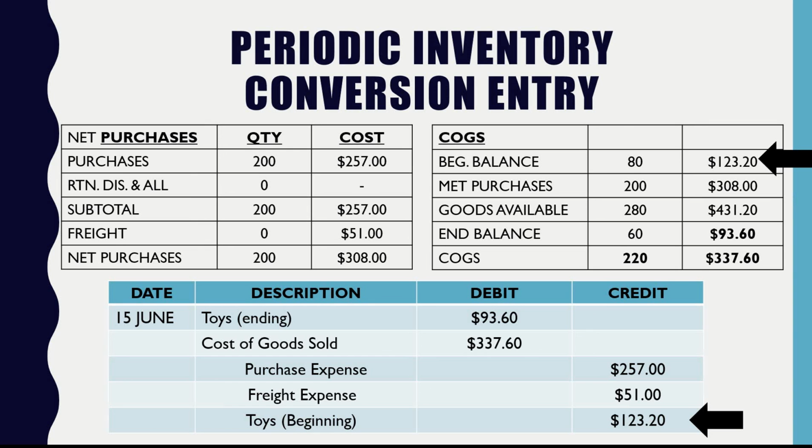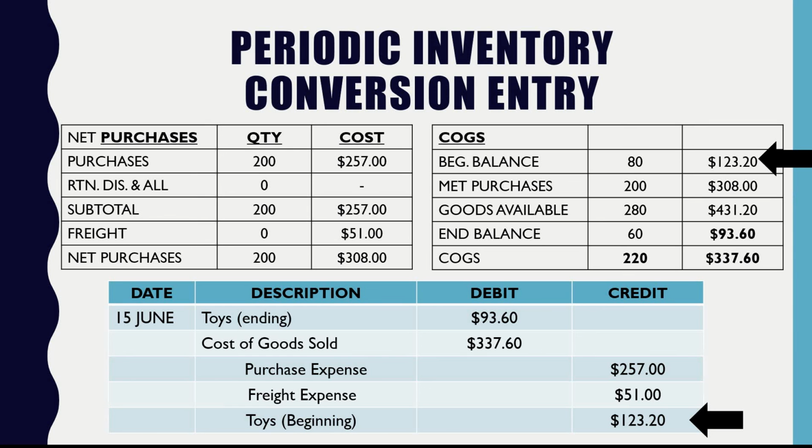We know for a fact we sold our beginning inventory, so we need to find a way to show that we got rid of it. How would we do that? We would credit our beginning inventory, because we got rid of it. We don't have it anymore.